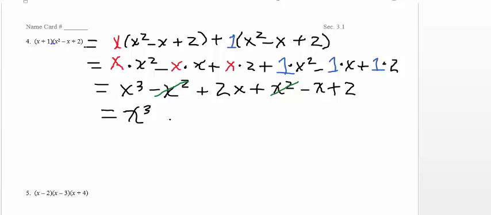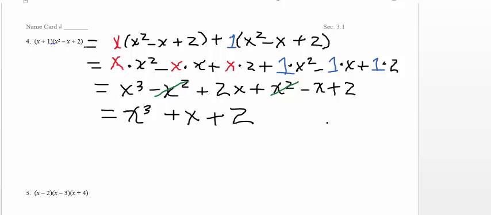Plus 2x minus x is plus x. And then I simply add the plus 2. So that would be my final answer on that one, where I multiplied a binomial times a trinomial. Notice that it's really just using the distributive property twice.